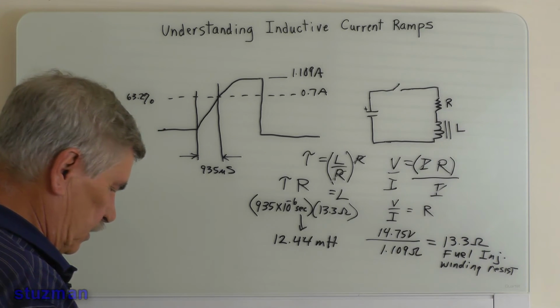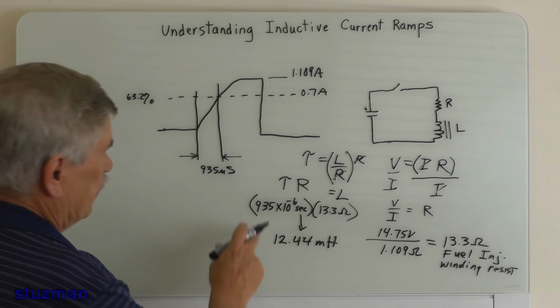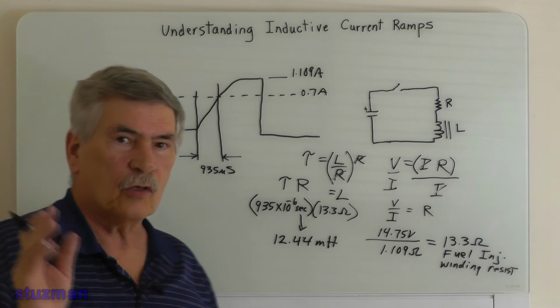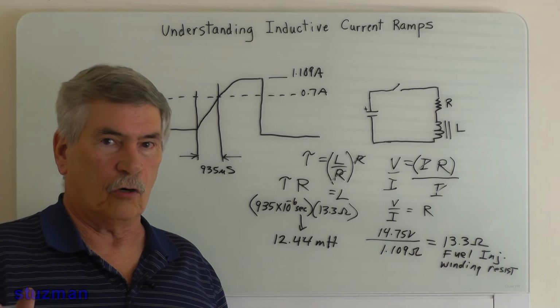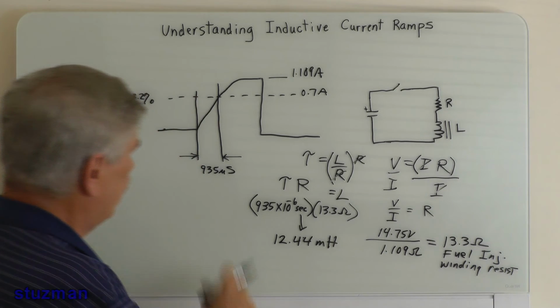All right. Now, let's see what else we got. So, if this here is our time constant, how long is it going to take for the coil to be fully charged? 5 time constants. So, here's our time constant.